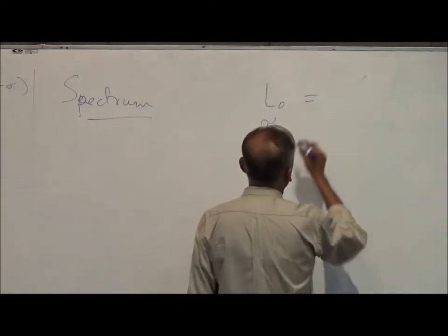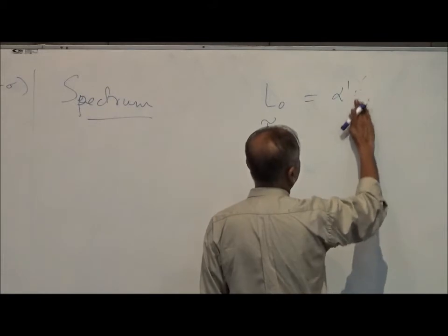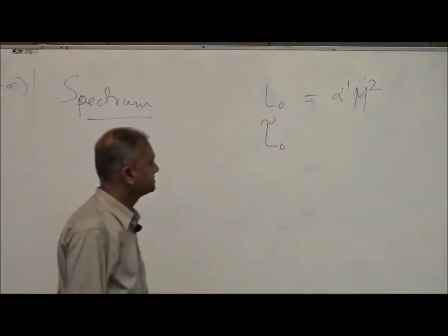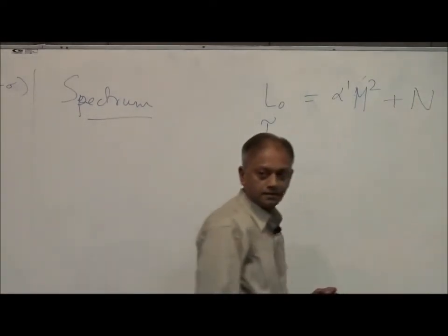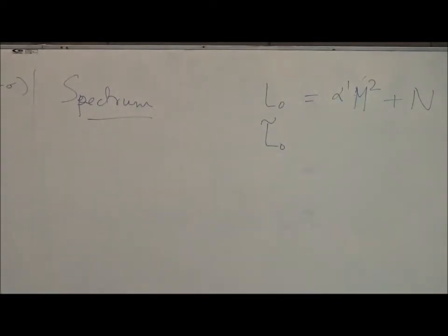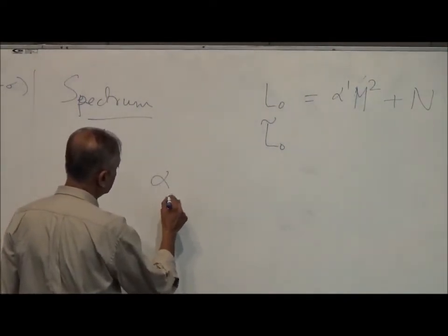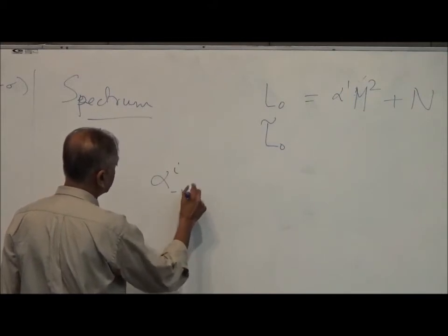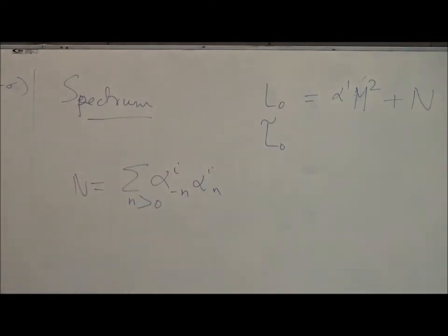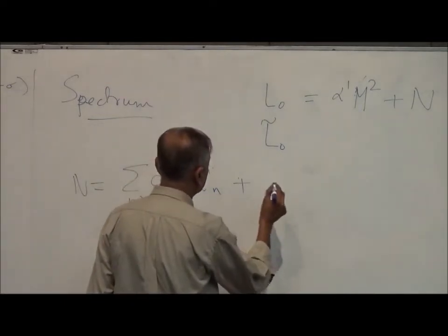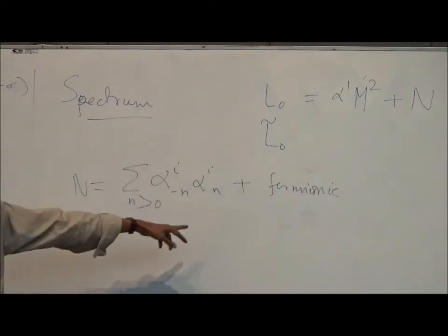L0 is some number times alpha prime p mu squared, which is the mass squared, plus the number operator N. This number operator is the sum over positive n of alpha minus n alpha n, plus the fermionic terms, the fermionic oscillators.